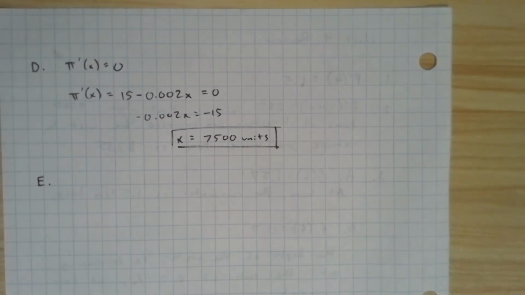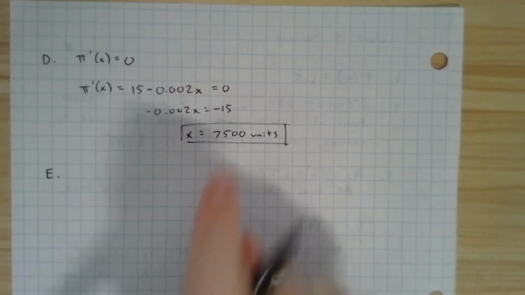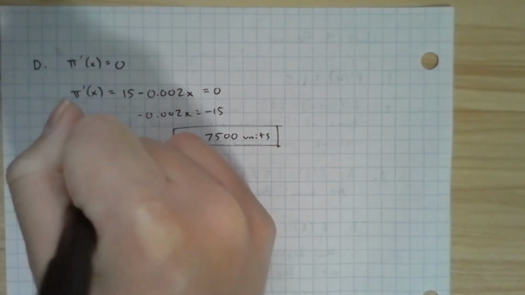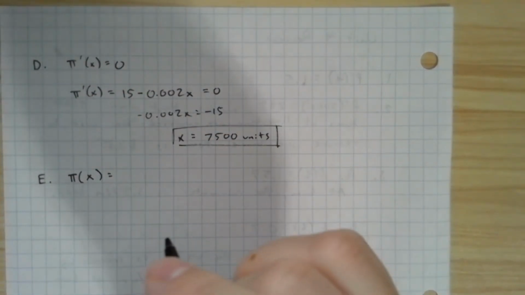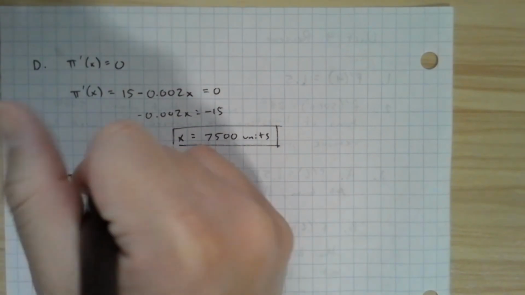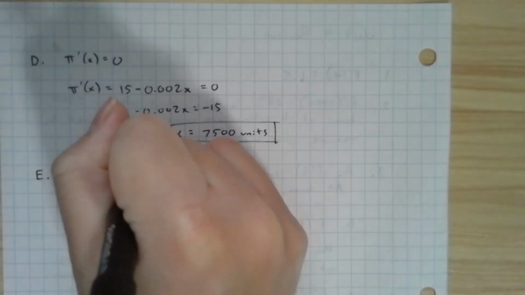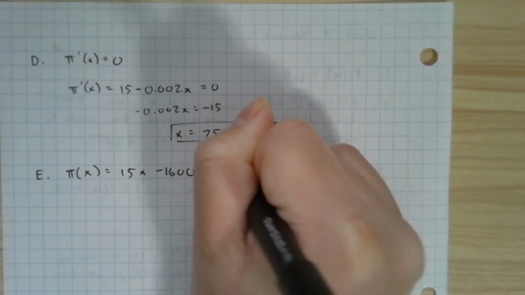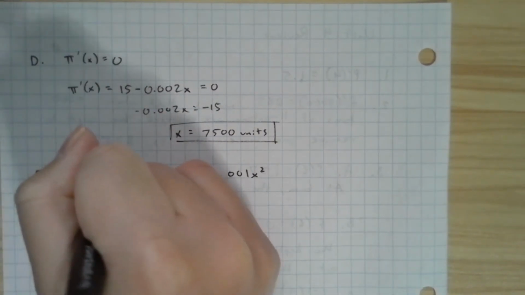So then all you got to do is, if you know this is how many units will maximize profit, go back to the profit function. Alright, we found that in part C. Where's my other paper? Yeah, we found that one to be 15x minus 1600 minus 0.001x squared. And so then you'll take pi of 7,500.